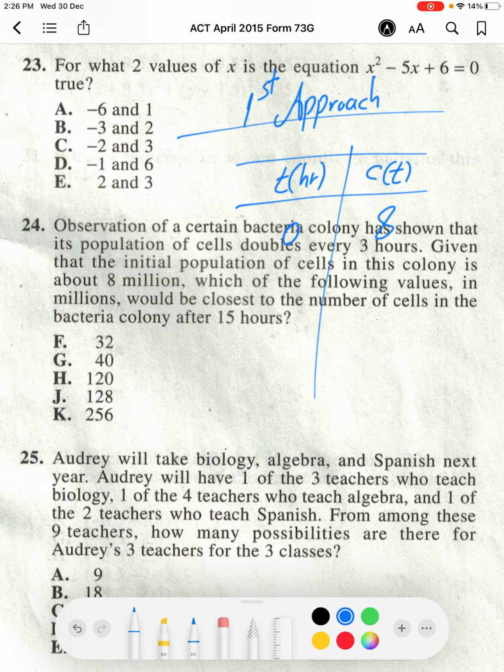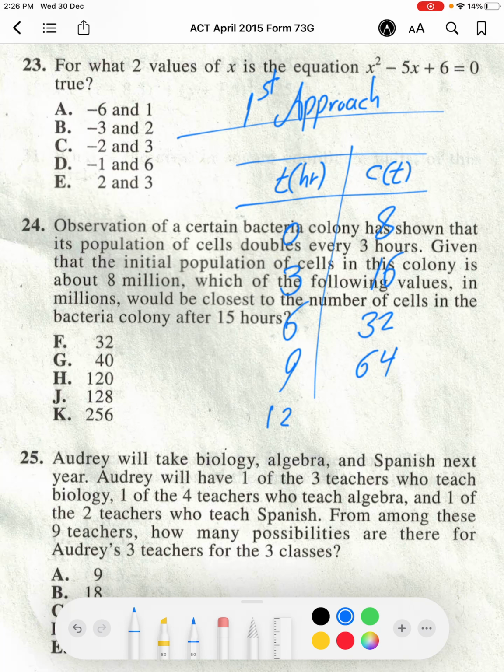But the observation of bacteria colony has shown that its population of cells doubles every 3 hours. So after 3 hours, the number of cells would be 16 million. Another 3 hours, 32 million. Another 3 hours, 64 million.